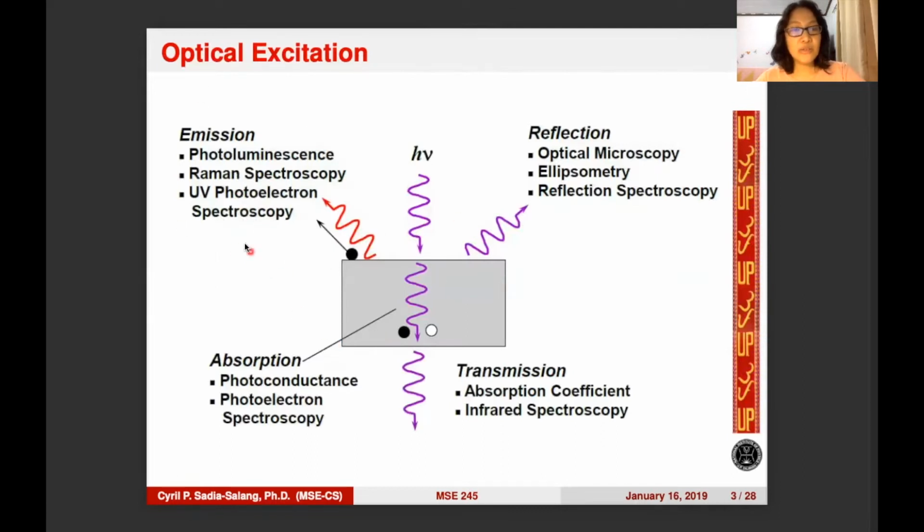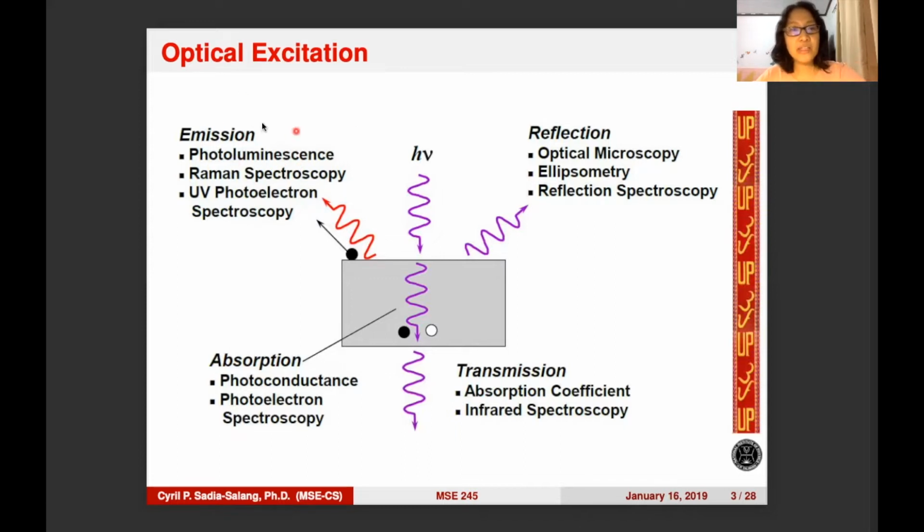Now, this slide shows the main optical techniques. When light of certain energy h nu is made incident with the sample surface or interacts with the sample, it is either reflected, absorbed, transmitted, or emitted.